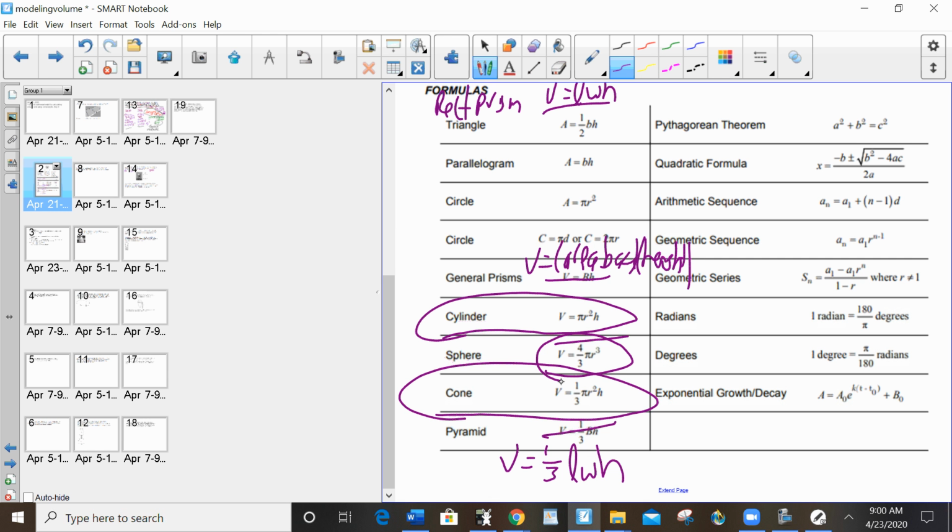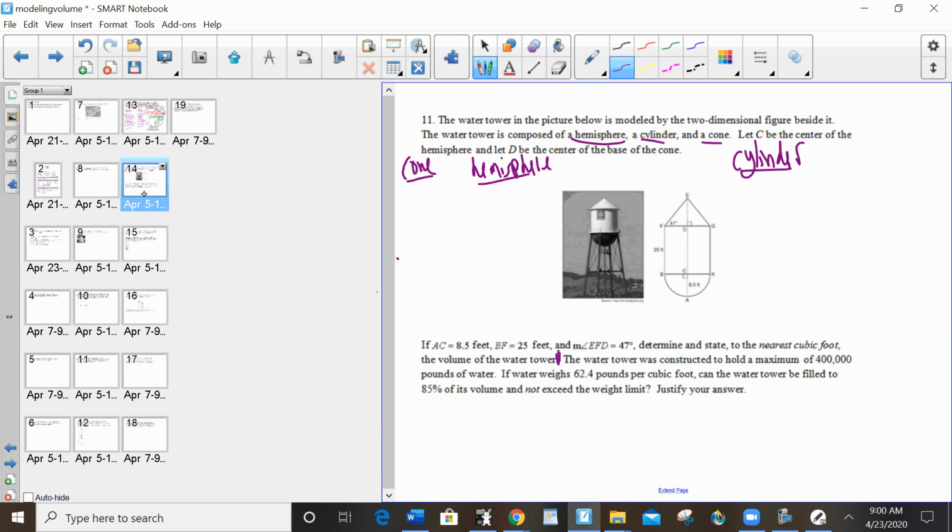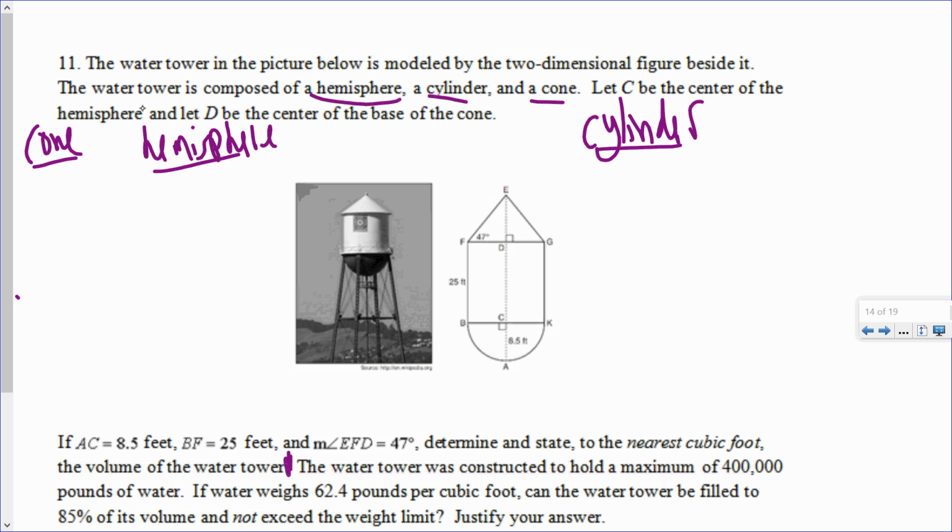If it's half of a sphere, I just put a half in front of that formula. So my cone is V equals 1/3 pi r squared h. My hemisphere, again, since it's half of the sphere, I put half in front of the formula. And my cylinder is pi r squared h.